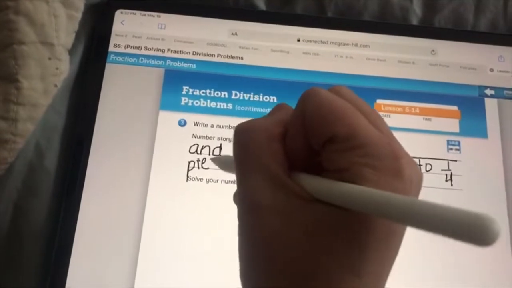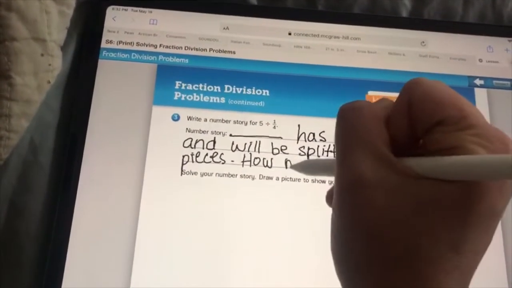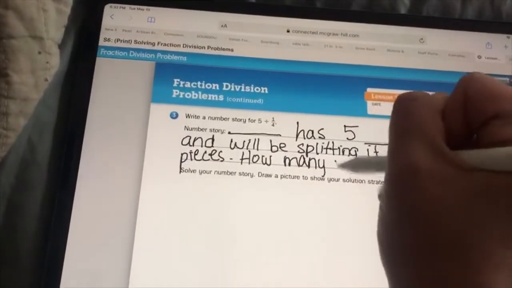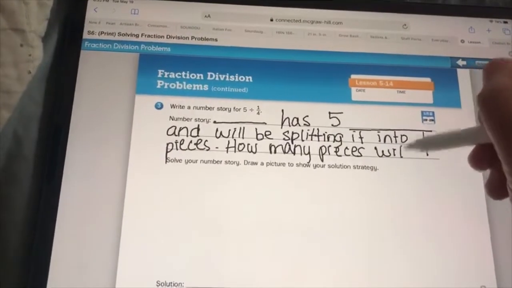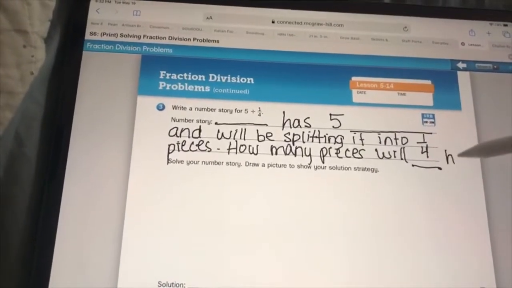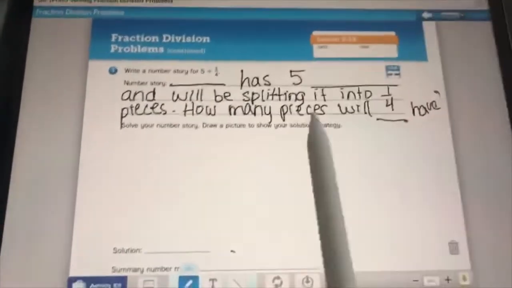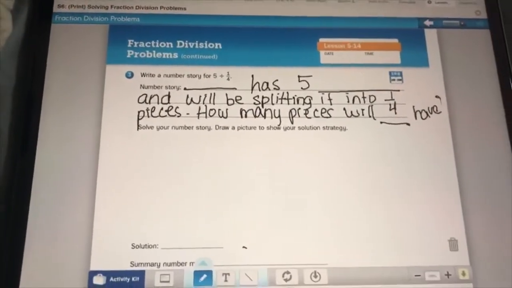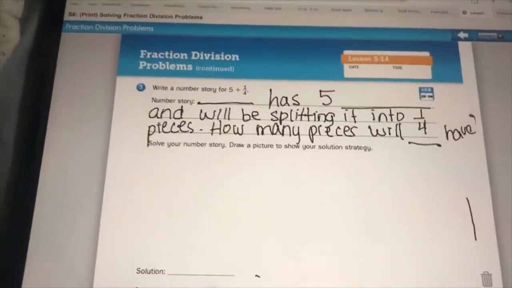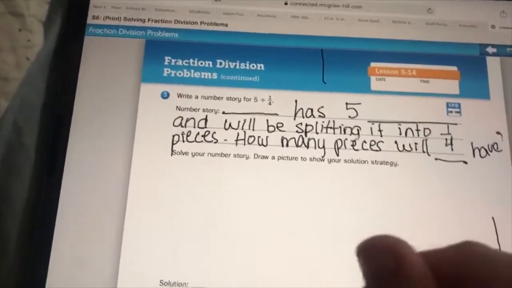Don't forget that keyword, pieces. How many pieces will blank have? So you're going to fill in with the name of whoever and whatever you're splitting 5 of into fourths. You're then going to finish this page on your own.